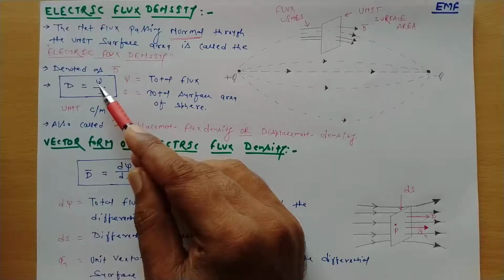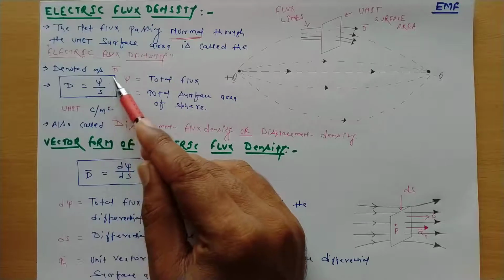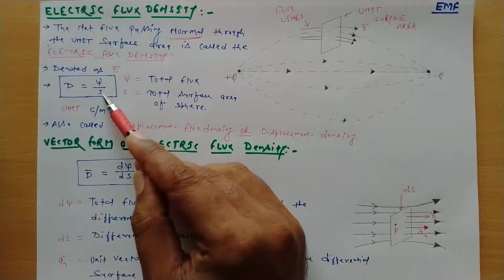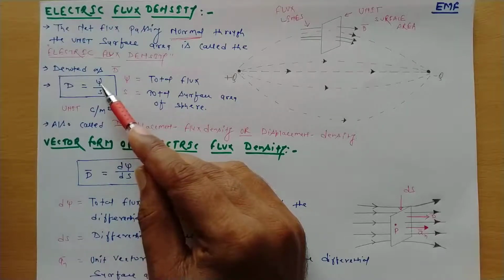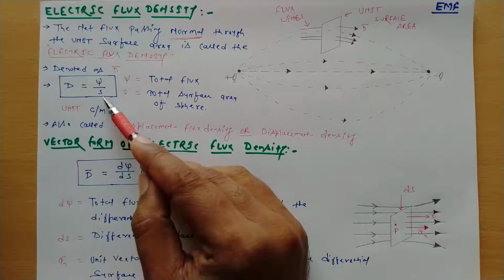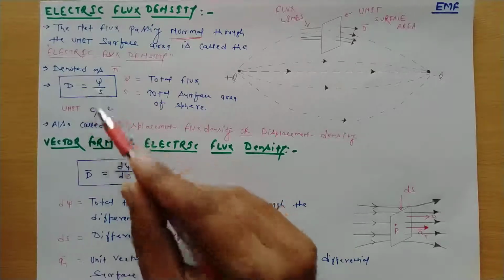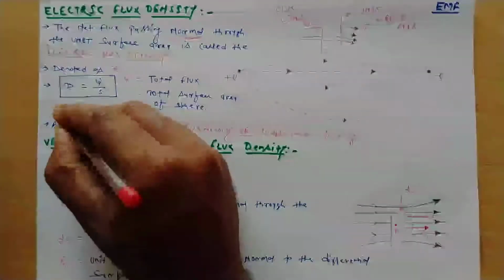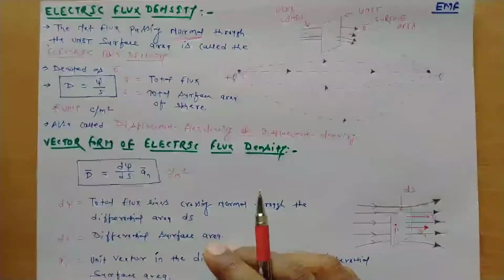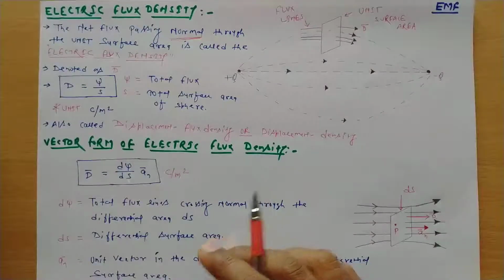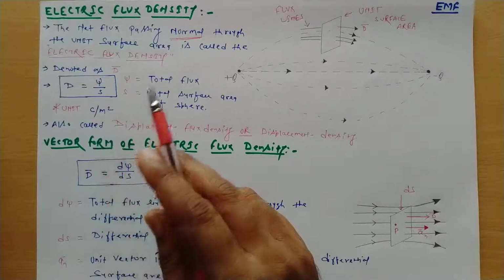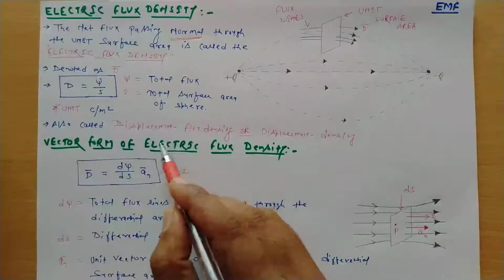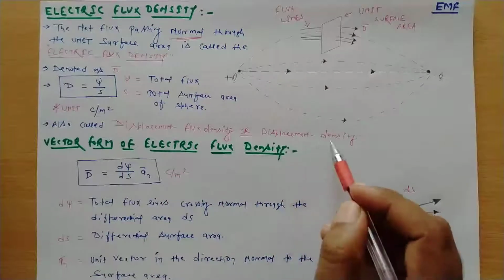So psi is in coulombs, and the surface area is in square meters. So coulombs per square meter is the unit of this electric flux density. It is very important for competitive level examinations. Also, one more thing: we can call the electric flux density also the displacement flux density or the displacement density.